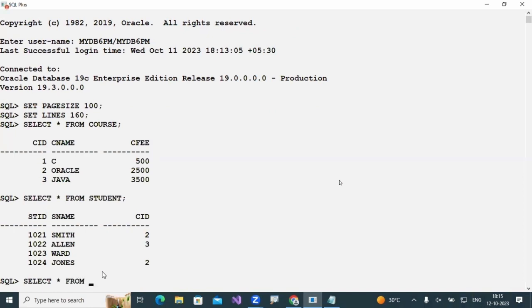Select * from student, course, where s.CID = c.CID plus, in brackets.